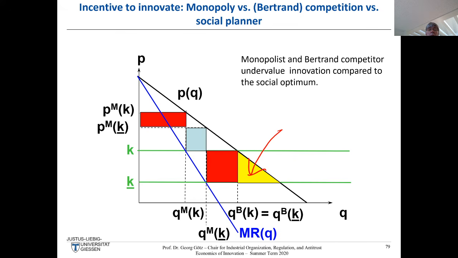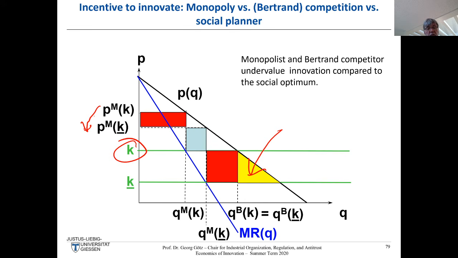Okay, and what does it mean for consumers? Is it worse to have competition? No, that doesn't hold, because you remember that unless it's a drastic innovation, the monopoly price will always be higher than K, and under Bertrand competition, the price is K. And if you have a drastic innovation, of course, the prices would be the same under competition as under monopoly, because there is no more competition.